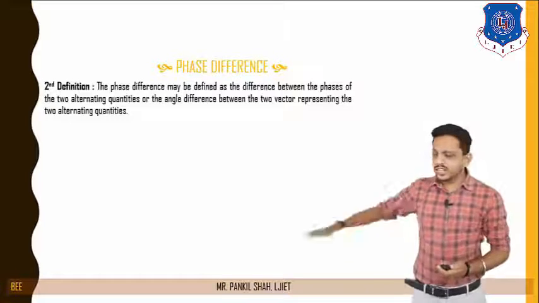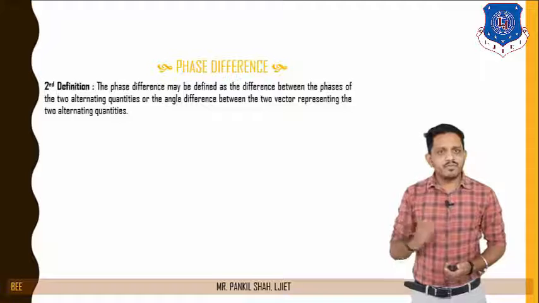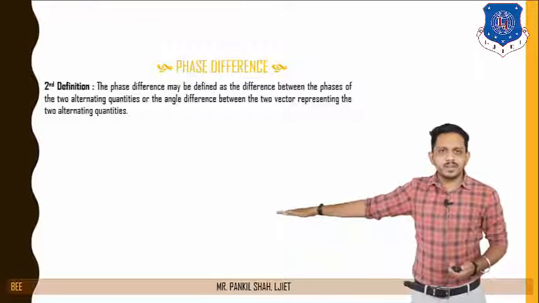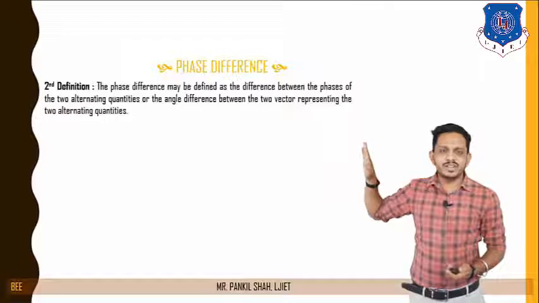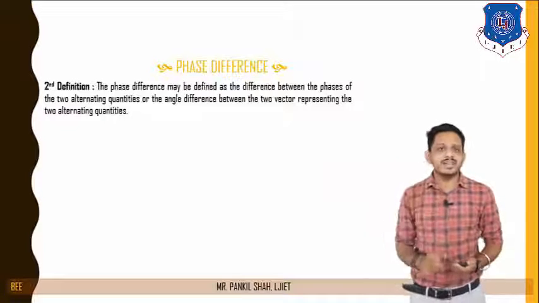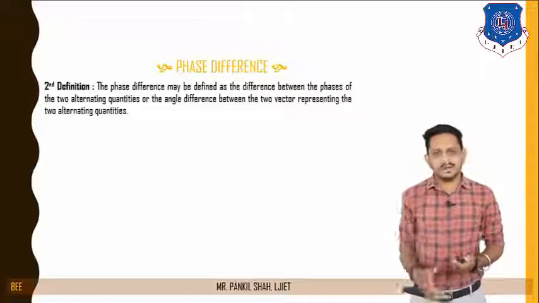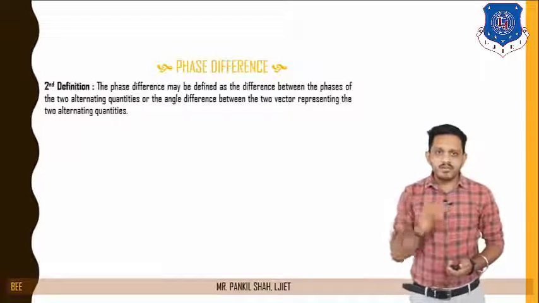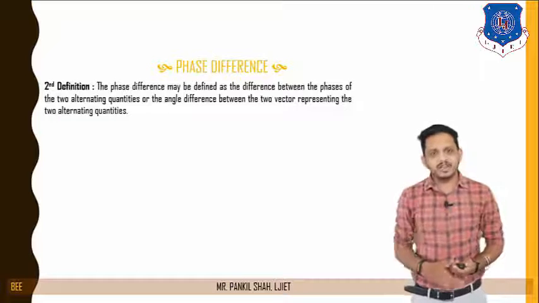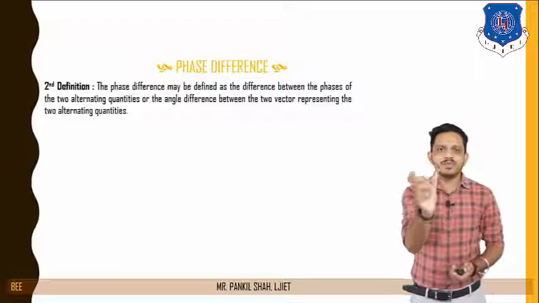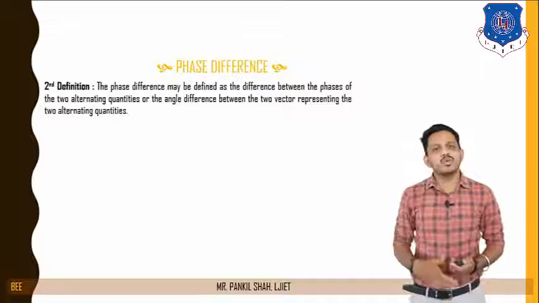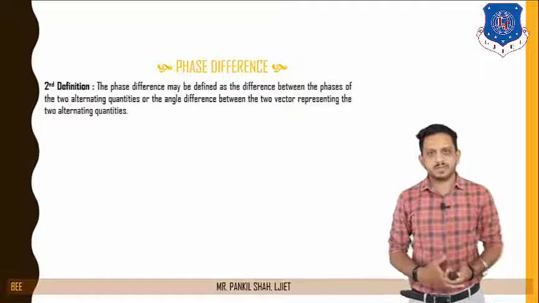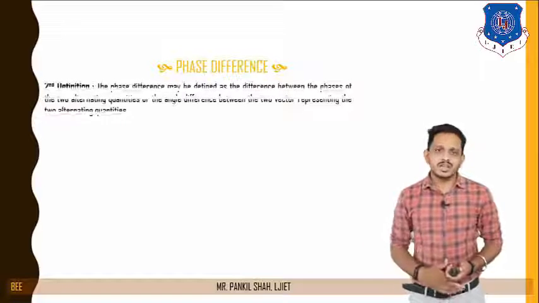If one vector is represented at 0 degree and another vector is represented at 90 degree, then we can say that there is a phase difference of 90 degree. If one waveform is started from 0 degree and another waveform is started at 90 degree, then we can say that there is a phase difference of 90 degree between these two alternating quantities, or between these two vectors. So this was phase difference.